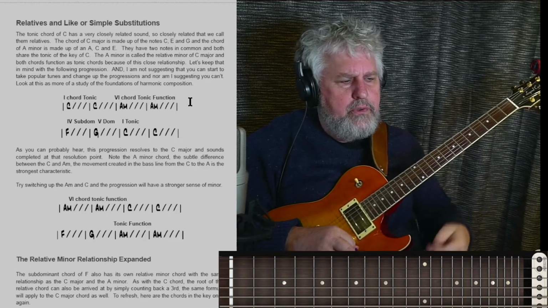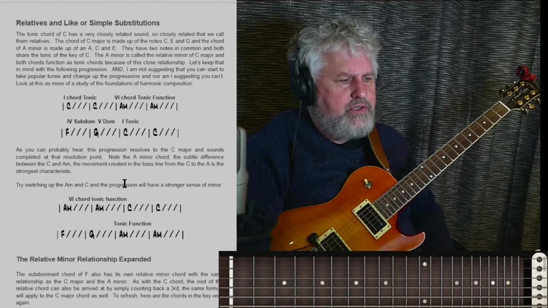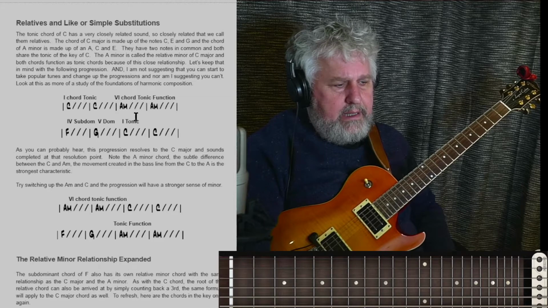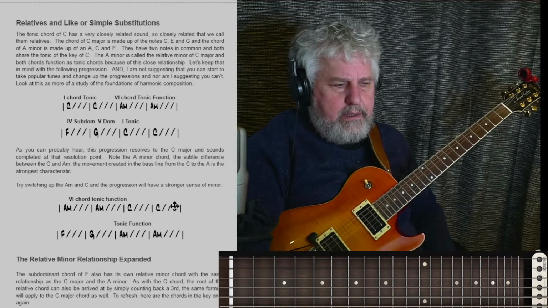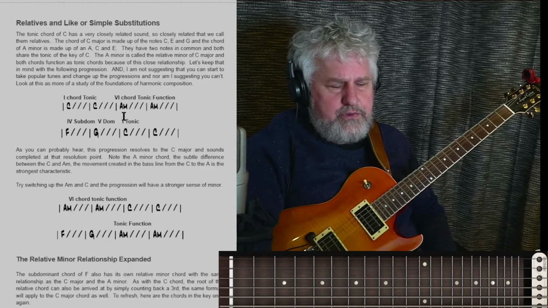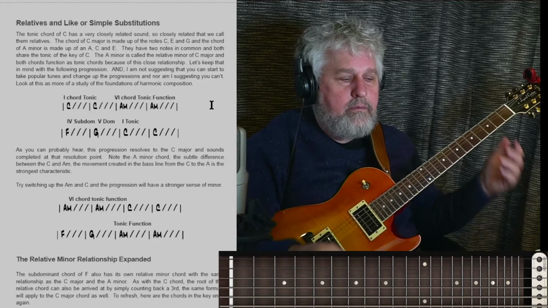I just want to show you how closely related they are by switching up this exact same progression. Rather than going from C to A minor, I'm going to go from A minor to C. We're going to switch out the C chord and the A minor chord because they're relative.